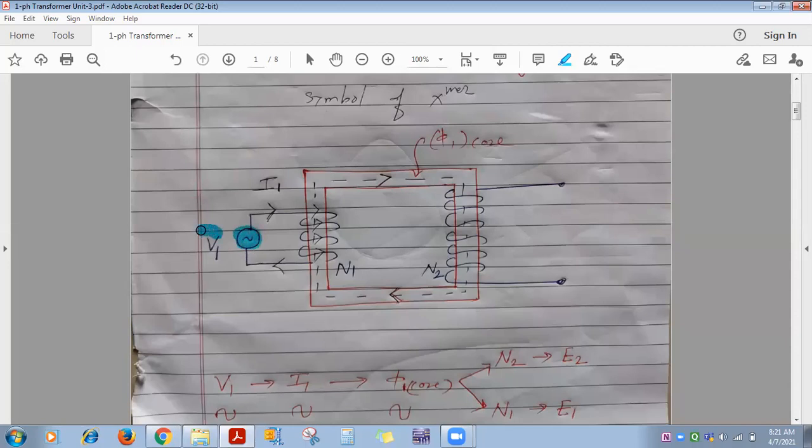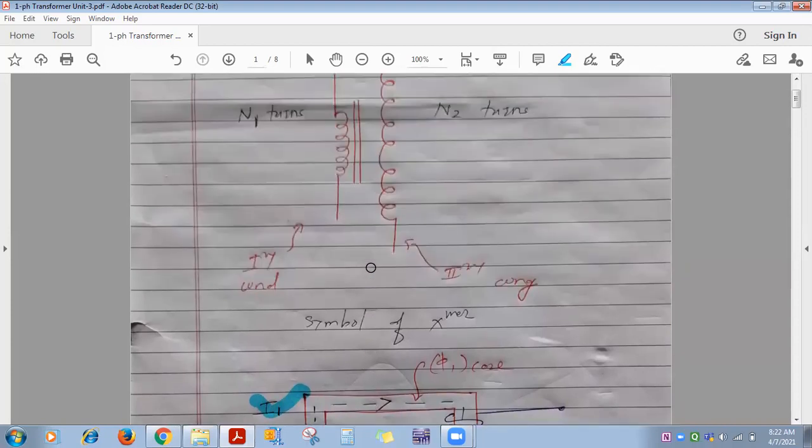AC input voltage is marked as V1. So you connect AC input voltage across the primary winding. Now the circuit is closed on the primary, that's why current will start to flow. As you are applying AC voltage here, AC current will flow through this winding.